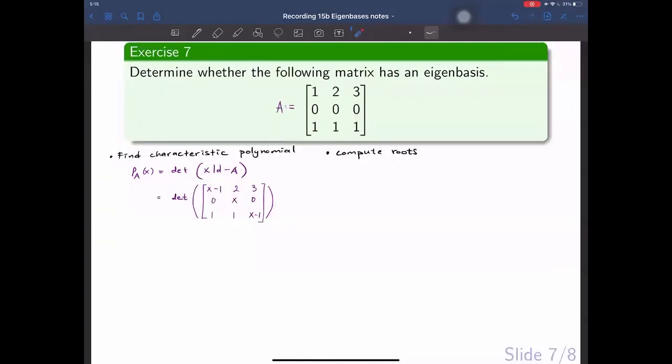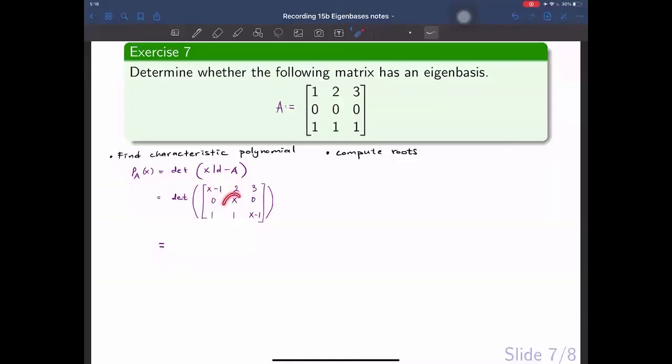First, I compute the characteristic polynomial of A. So I have the determinant of x times the identity matrix minus A, which gives me this matrix. Because of these 0s, I believe it will be easiest for me to do cofactor expansion along the second row.